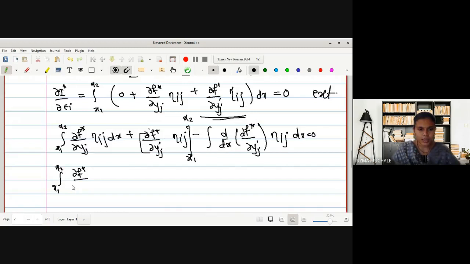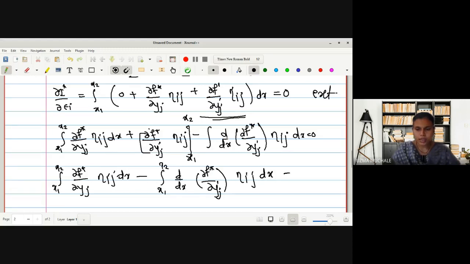And hence we can now write this as equal to 0 minus the integration of d by dx of f star with respect to yj dash, eta ij of x, dx.